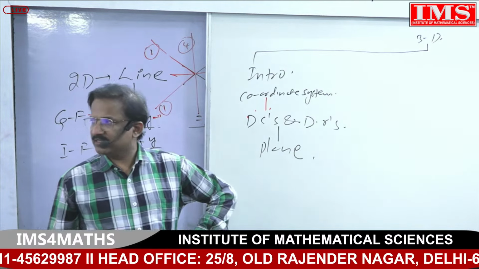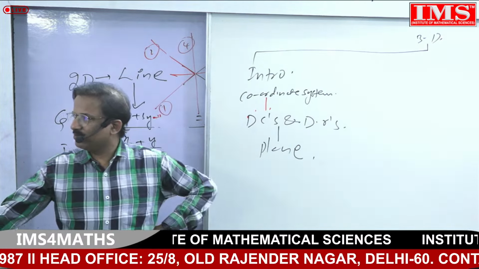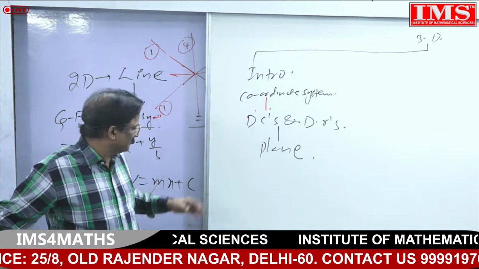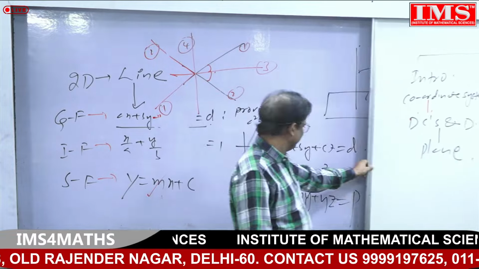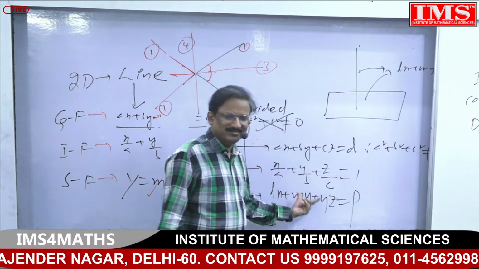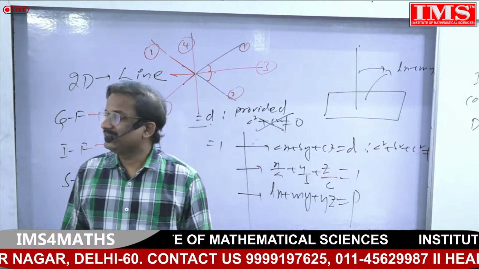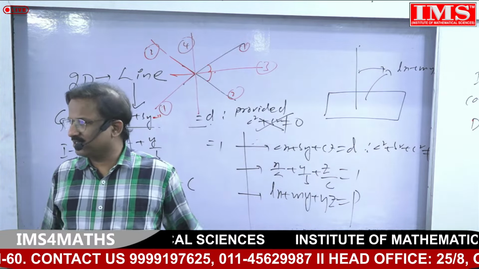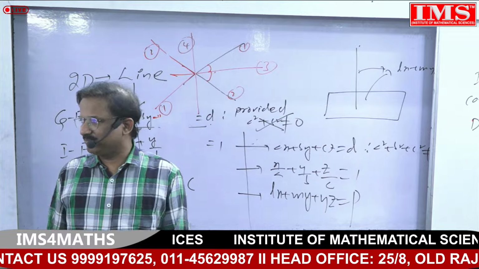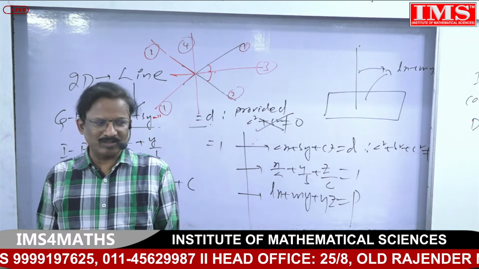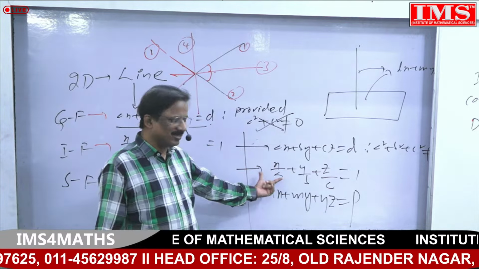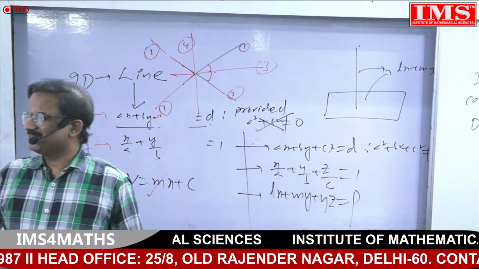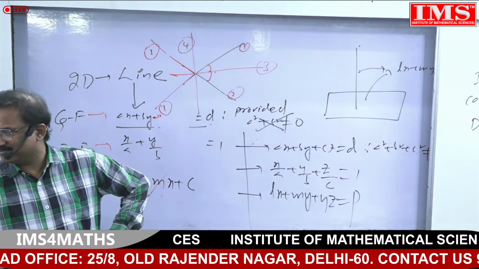By the way, I started recollecting the intercept form. I'm just comparing from 2D to 3D. What are the intercepts here? a, b, c along the x-axis, y-axis, and z-axis. You need to have this much of the basic idea.